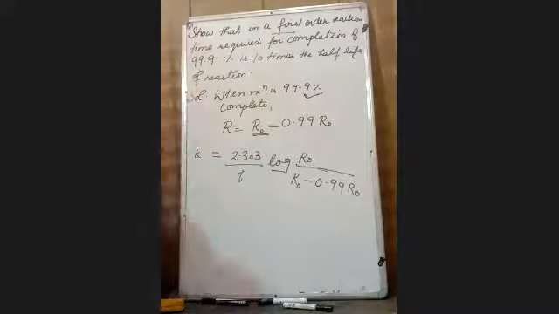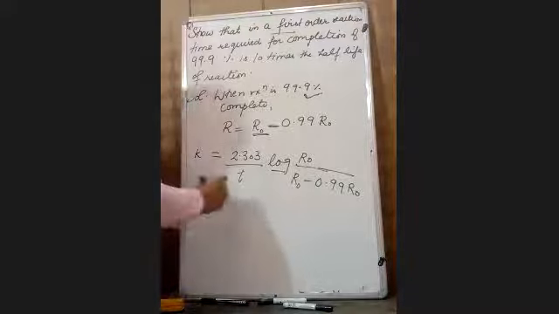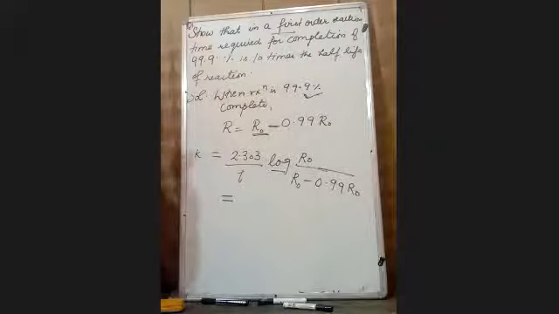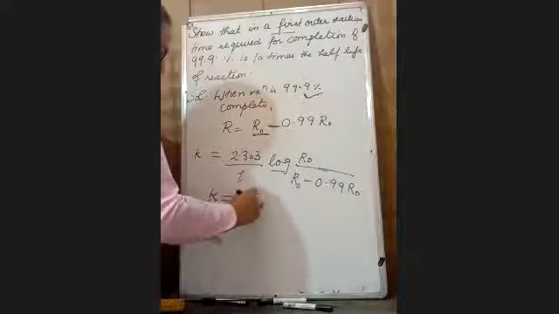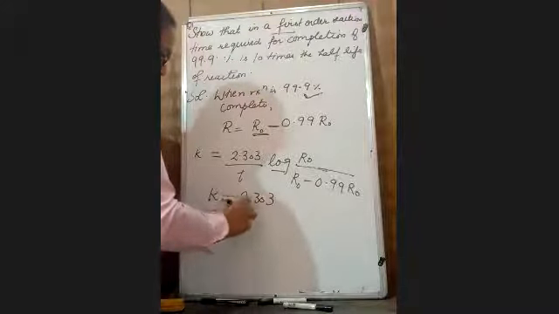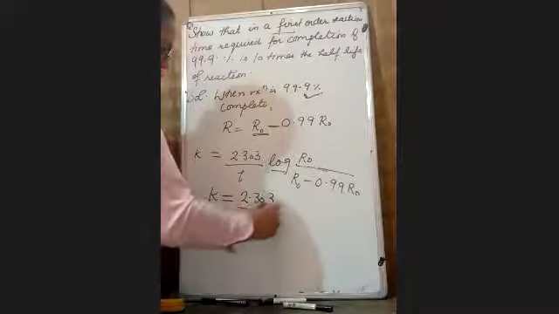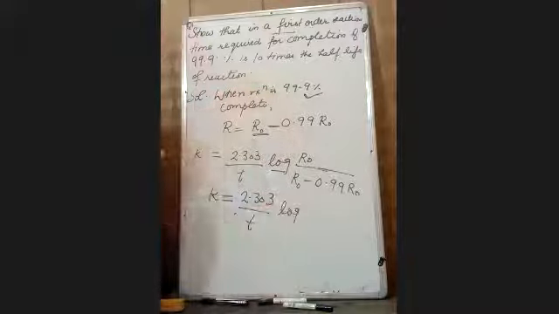No doubt, simple expression it is. Solve it. What is your answer? Only in terms of T. I don't know the value of T. I don't know the value of K. K is equal to 2.303 over T log 10 raised to power 3.